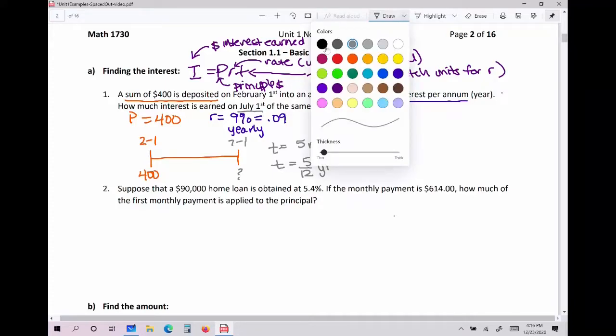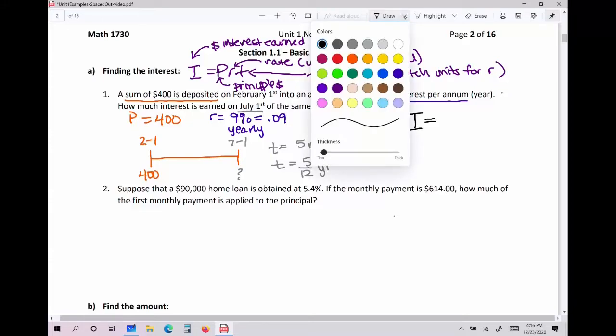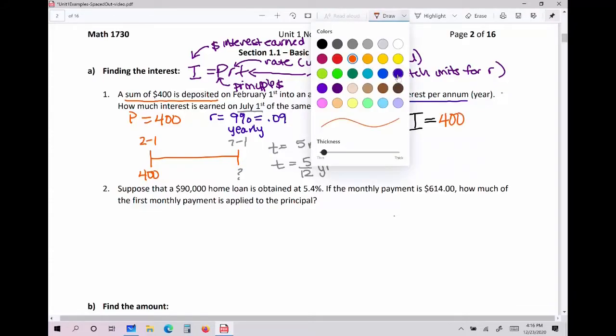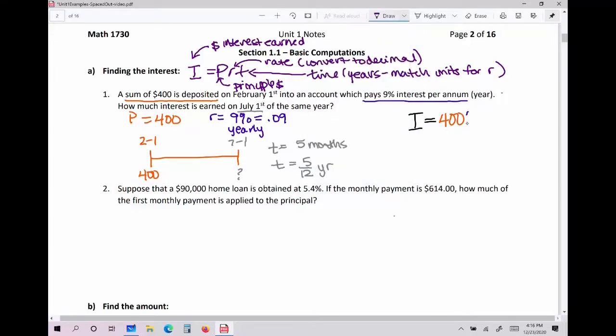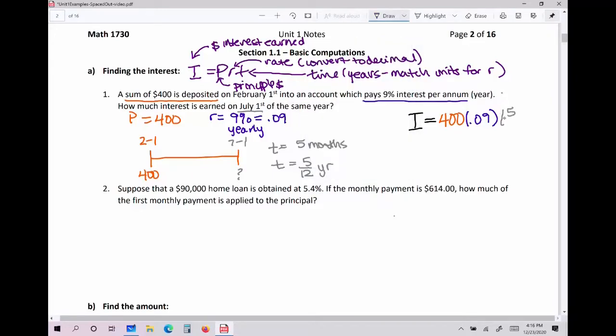When we plug this into our formula, we get I equals PRT, so our P was 400, R was 0.09, and T was 5/12. I'm just color coding to show you how everything goes together.